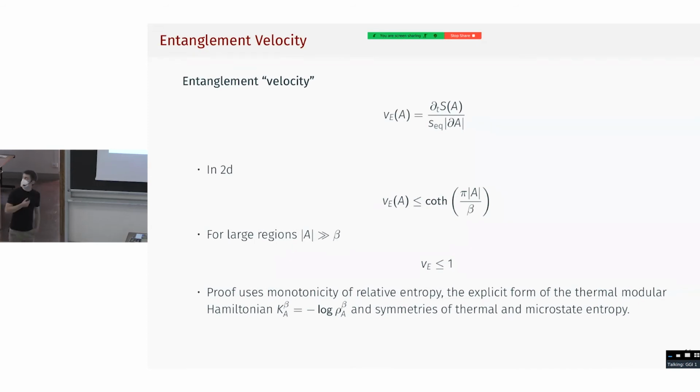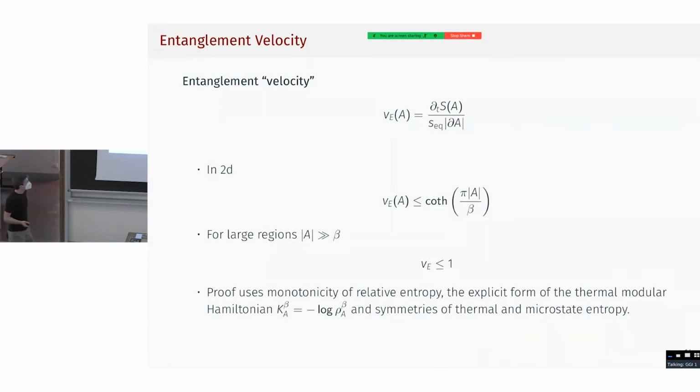And there's a bound in 2 dimensions, which can be shown very rigorously, that it's bounded by a function of the volume of the boundary region you're looking at. Now, we're in a planar black hole scenario, so we can look at arbitrarily large boundary regions. And so in particular, we can bring this bound down to the bound on the entanglement velocity, which is, well, entanglement velocity has to be smaller or equal to 1.